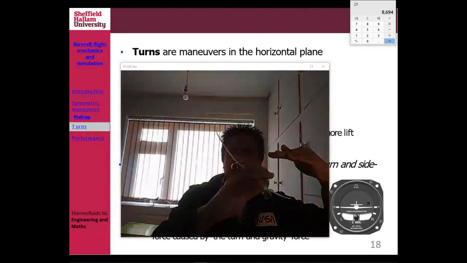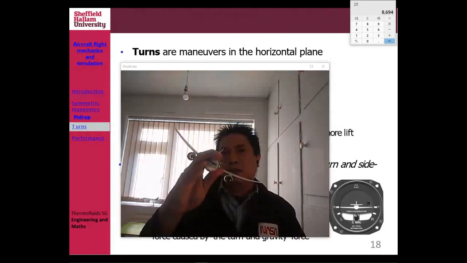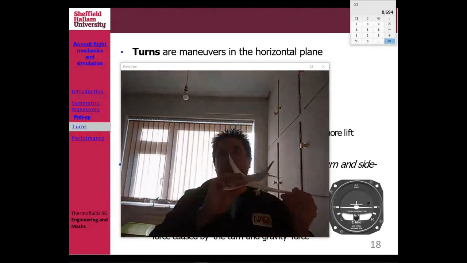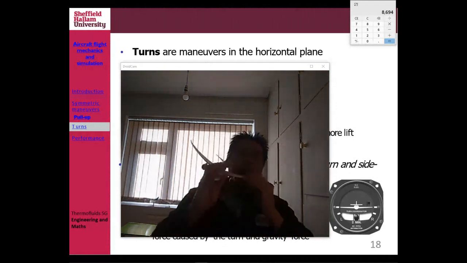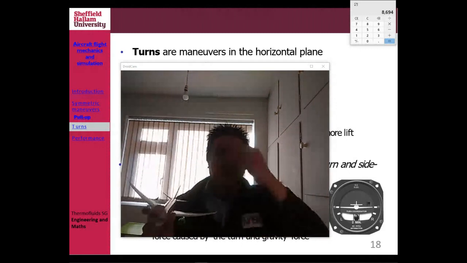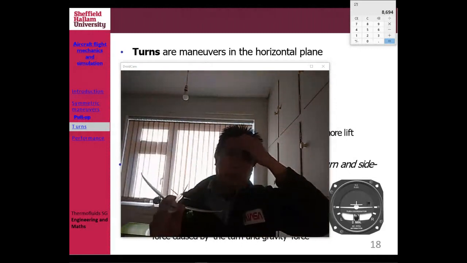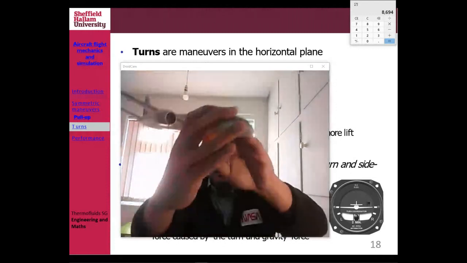That always happens if you're not making a coordinated turn, or if you turn with a relatively higher velocity, then your aircraft is actually skidding. It's just like if you make a turn with your car and you're going too fast, then your car will skid.